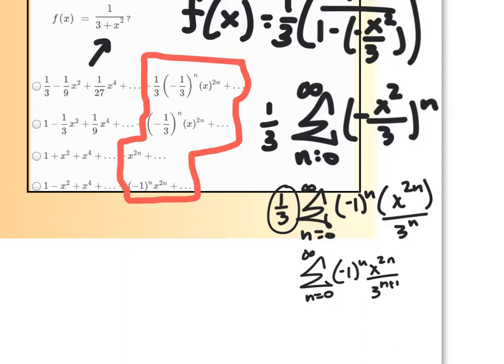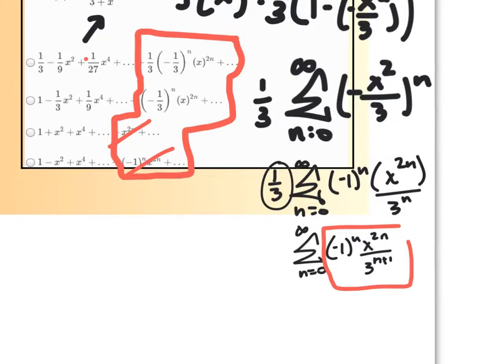What you'll notice is my general term here is going to be this, but I don't see that in the form up here in one of these 4 options. So clearly these two here are out. I'm going to go with A as my answer.